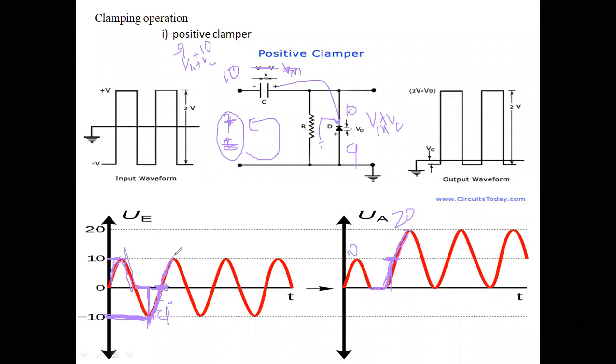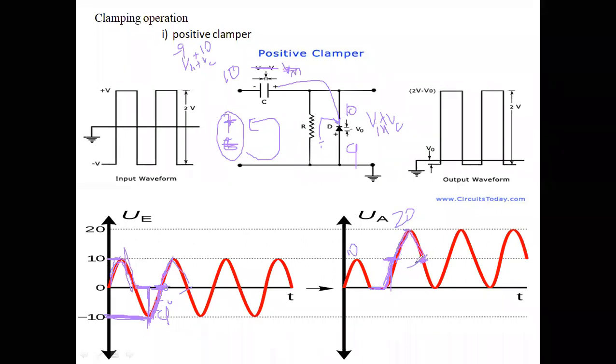Okay, again when the input voltage is decreasing and reaches 0, the capacitor is maintaining constant voltage because the time constant is very large. Therefore this voltage will again decrease and come to 10 volts, because there is a 10 volt fall in the input.